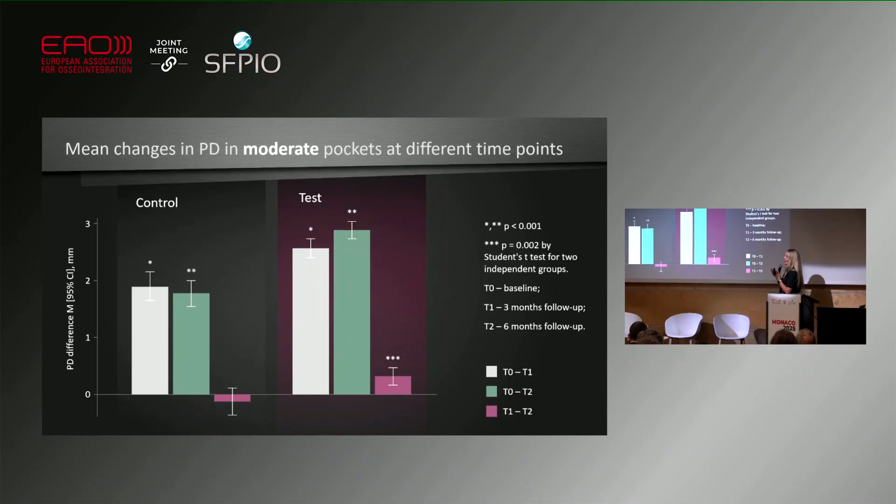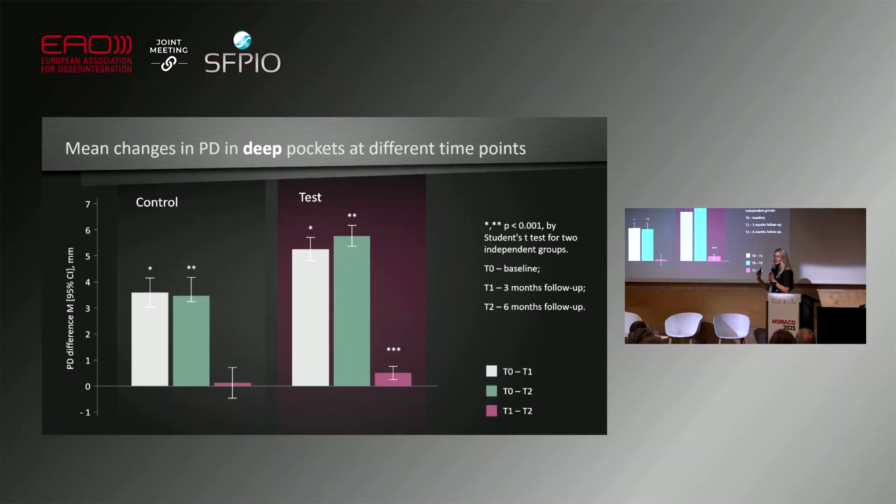That is, we had significant differences between test and control groups, and again, significant improvement in the clean and seal group. It means that the probing depth reduction was still improving, whereas it was not in the control group. The same was in all investigated clinical scenarios.